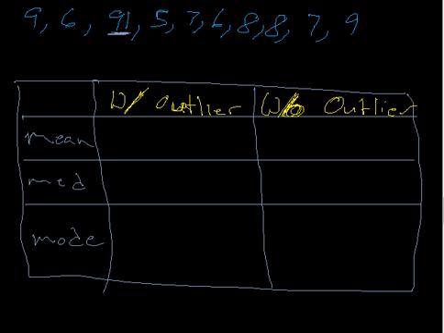Okay, so I got 156 as my sum of these values, and I'm going to divide them by what? I don't know how many there are, so can you tell me? 10. Yeah, so that's going to be about 15.6. I'll show you on the calculator. Uh-oh, what happened there? 156 divided by 10.